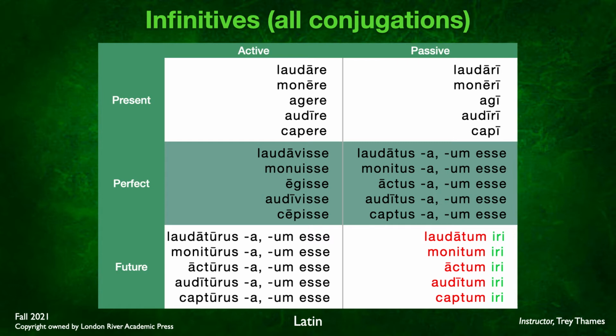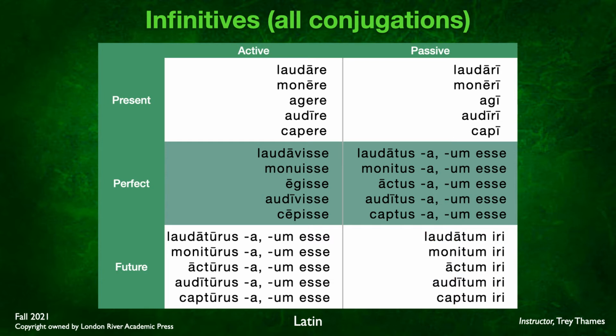And that's really all I'll say right now. We'll cover that in a few weeks when we get to chapter 38. But you take that form, here it's laudātum, and you add īrī, I-R-I. Laudātum īrī, monitum īrī, āctum īrī, audītum īrī, and captum īrī. I wouldn't worry too much about this particular form because you just simply won't see it very often.